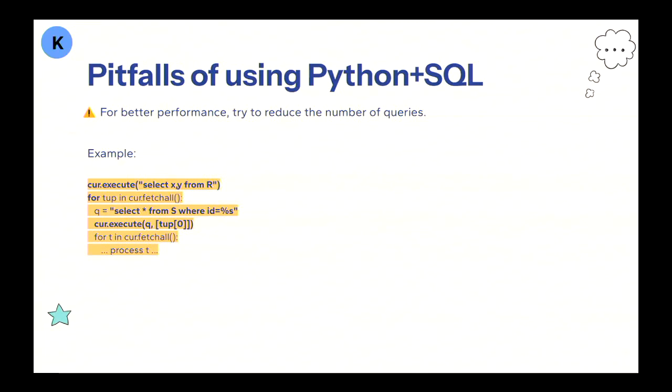So this is the first implementation here. And the second implementation is we join the tables R and S first, on some conditions, and then we select what we want from the result. So which one do you think is better here? The one on the left or the one on the right?